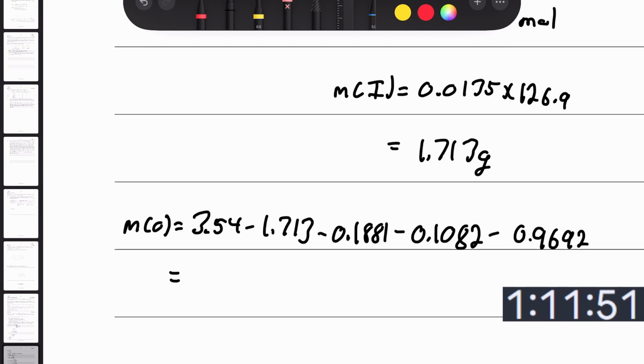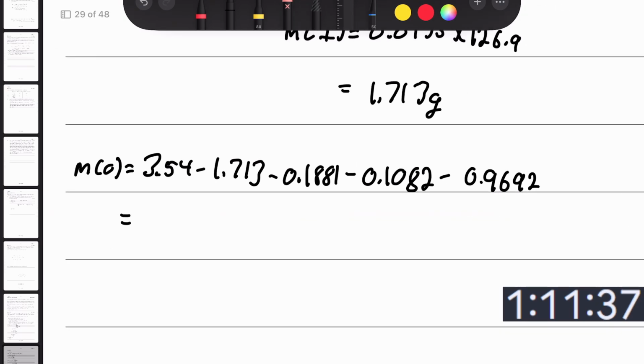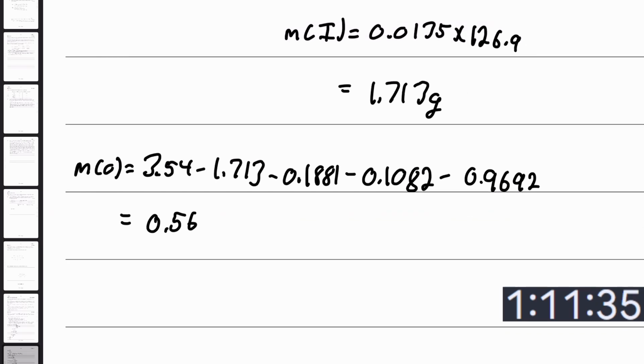No, actually, I think this is fine. 3.54, I thought I might be over. 1881 minus 0.1082 minus 0.9692. My mass of oxygen is 0.5615 grams.